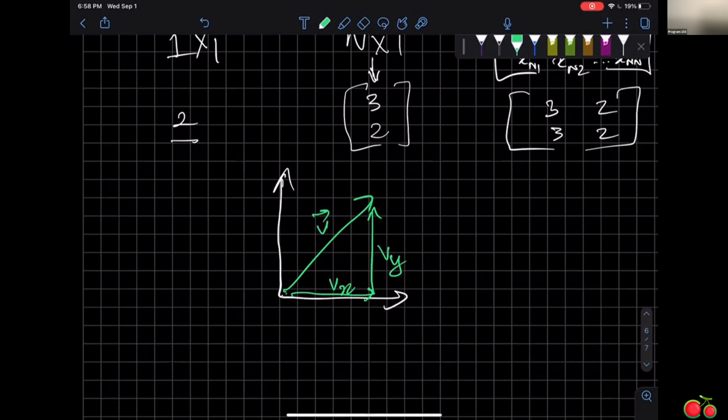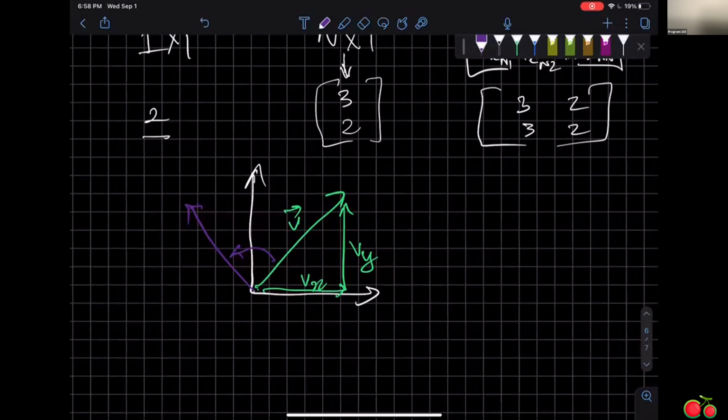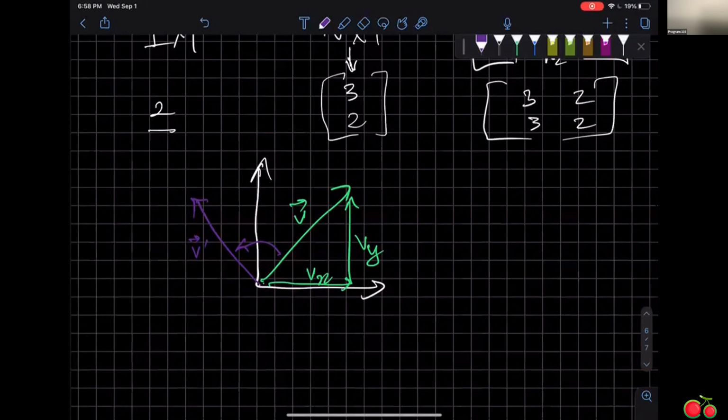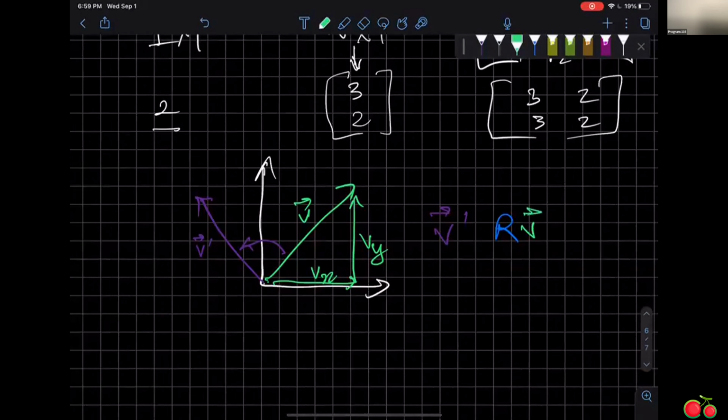Now suppose I want to rotate it to here. This new vector is v dash. Mathematically, you have a rotation matrix, and this rotation matrix takes your vector v to v dash.